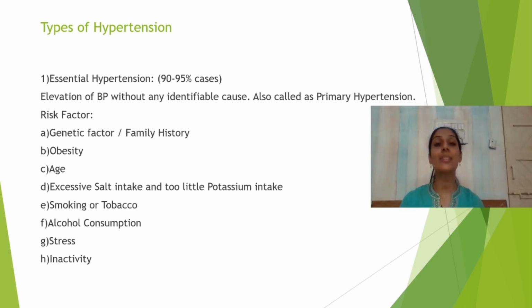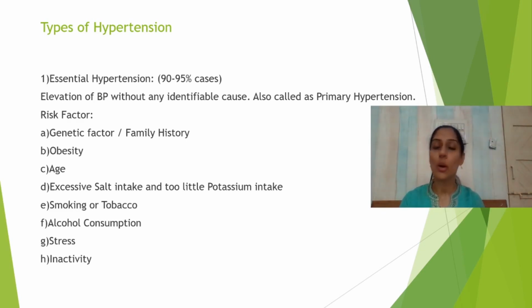Why so? Because excessive salt intake can cause fluid retention, which increases blood volume. If there is less intake of potassium, then sodium and potassium will not get bound with each other, and that is why there will be retention of sodium. So this causes fluid retention, increase in blood volume and increase in blood pressure, which leads to hypertension.